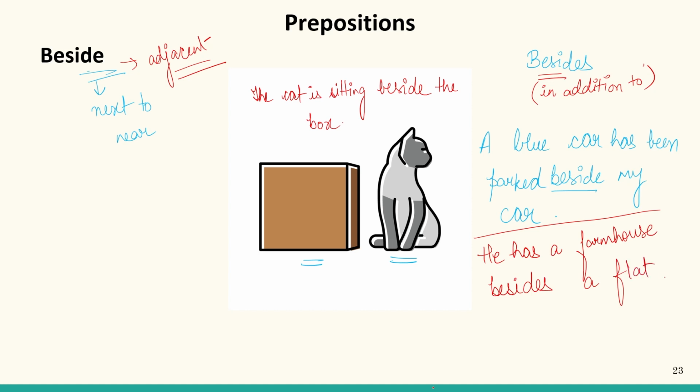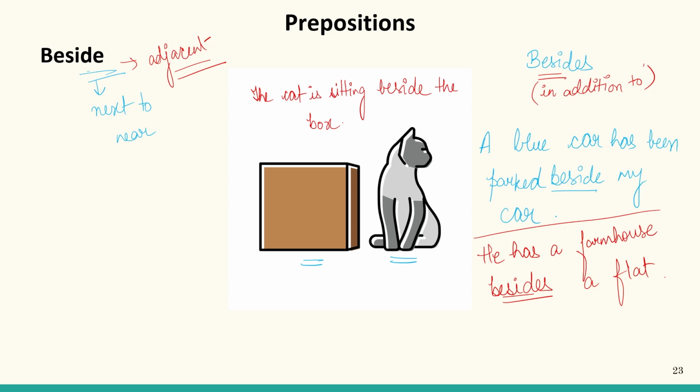Now he has a farmhouse in addition to a flat. It means he has both the things. He has a flat as well as a farmhouse. So here we can use the word besides. So besides means in addition to. It is an extra of something.